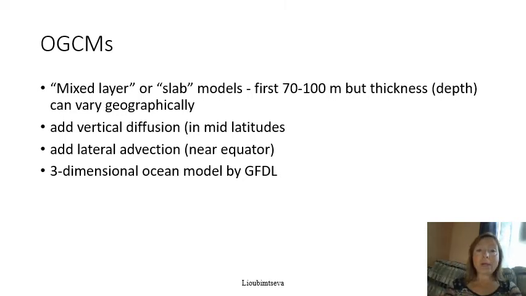Basically, with the latitude, the heat is distributed with the depth of the ocean very unequally, and at the same time, water in mid-latitudes is cooler than water closer to the equator. Near the equator, we see the lateral advection.